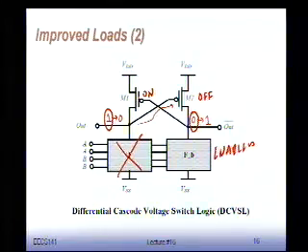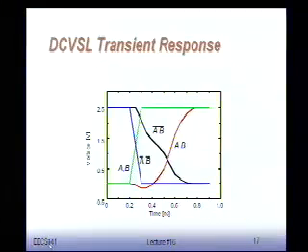Okay? So this is called differential cascode voltage switch logic. Let me show you an example, just to show you the waveform to explain exactly what's happening. So we have A and B here, and they're switching at the same time. That's A bar and B bar. You can see that I'm starting to pull down initially one node.